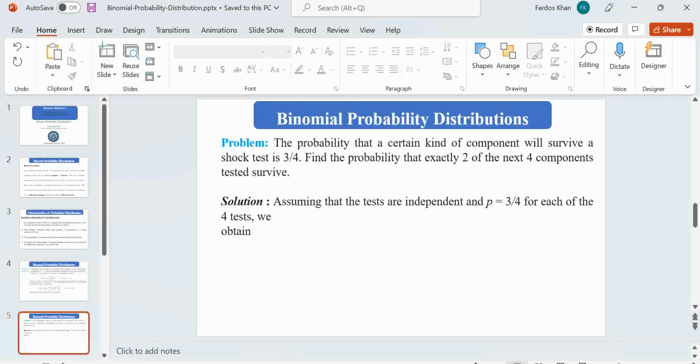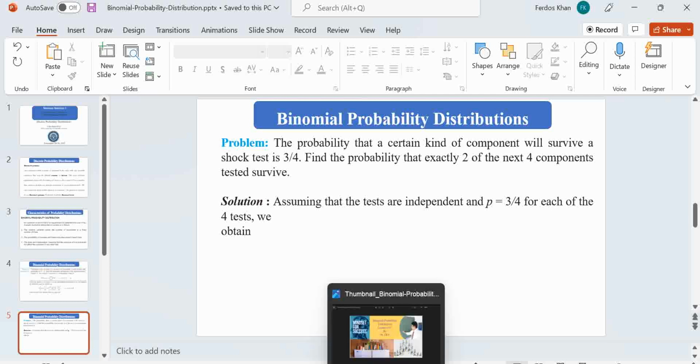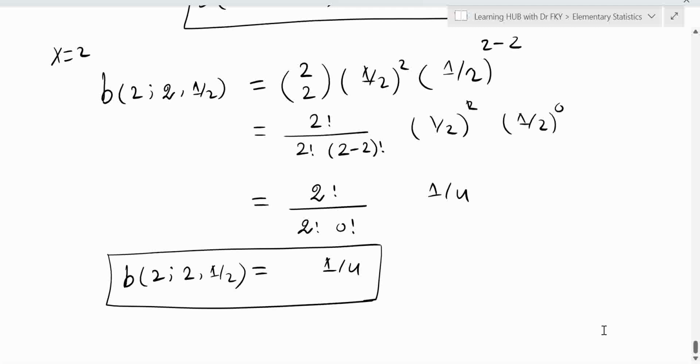Exactly 2 means that X is equal to 2 successes. Of the next 4 means 4 is the total number of trials, that is n is equal to 4, x equal to 2, and p is equal to 3 by 4. So this is a very simple problem. We can solve this very easily. Let's do it.